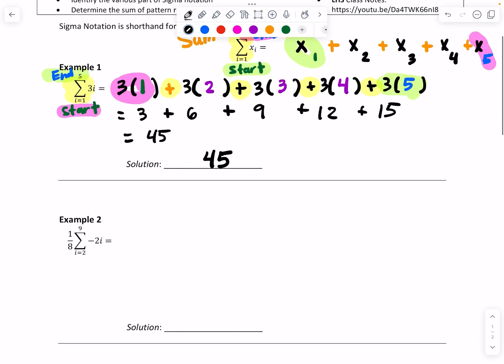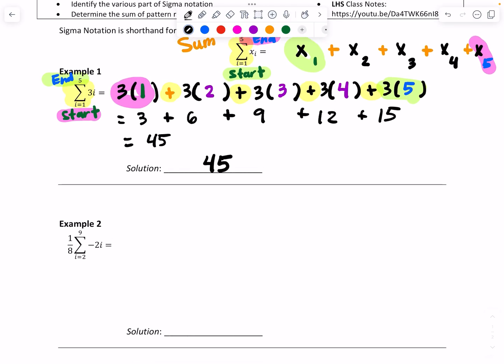Let's look at another one. Okay, this one's a little bit different because I've got that 1/8 on the outside. So I'm just going to remember that I have 1/8 on the outside. In the end, I'm going to multiply my number by 1/8. On the inside, I've got that -2 times i.